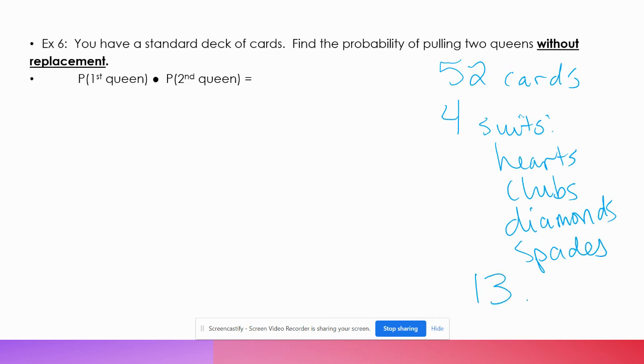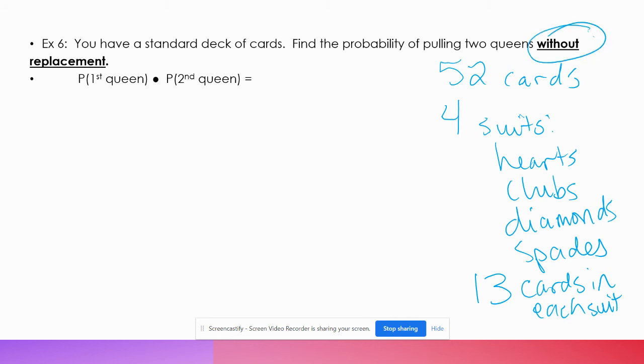There are 13 cards in each suit. And the cards are 2, 3, 4, 5, 6, 7, 8, 9, 10, Jack, Queen, King, Ace.